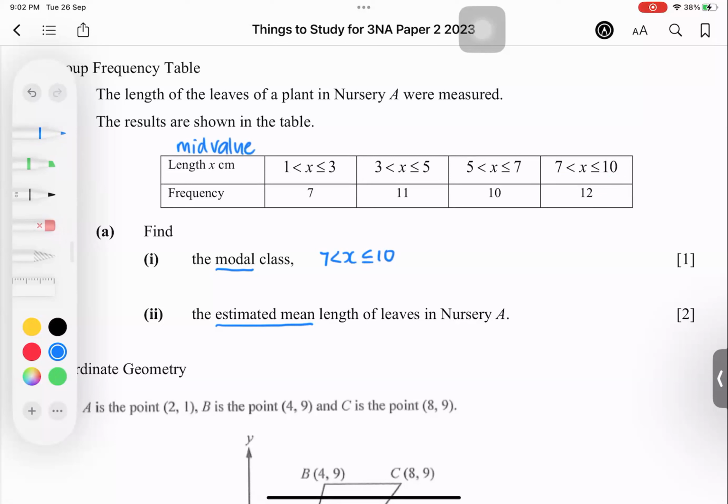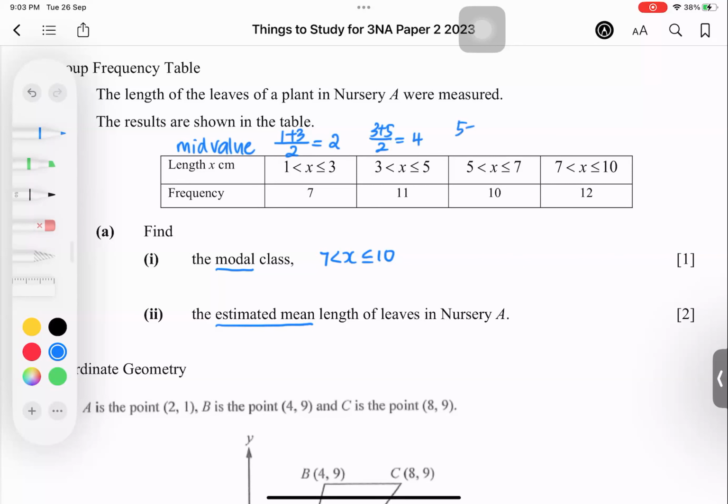How to find the mid value? 1 plus 3 divided by 2. 3 plus 5 divided by 2. Although the numbers here are very easy to guess, right? But sometimes the numbers can be larger, so I write the calculation for you so you know how to calculate. Don't assume 2, 4, 6, 8, 10 may not be all the cases.